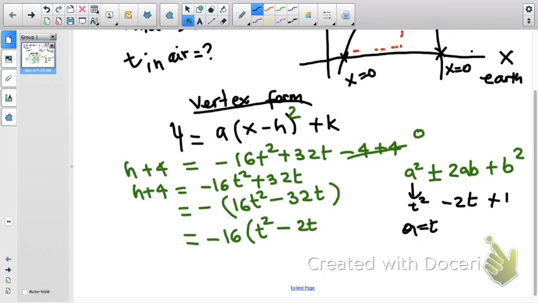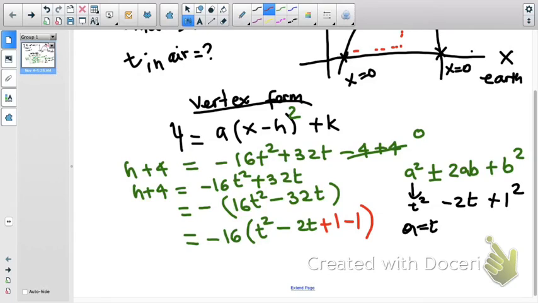Therefore, this should be 1 squared. So if this is 1 squared, then we need a plus 1 here. And since we added something that we were not given, we can only subtract it after adding it. So in this way, we added a fancy 0: plus 1 minus 1. I hope it makes sense.